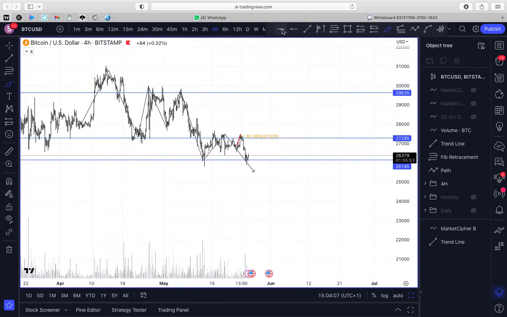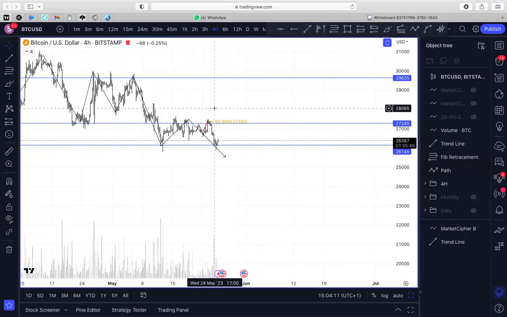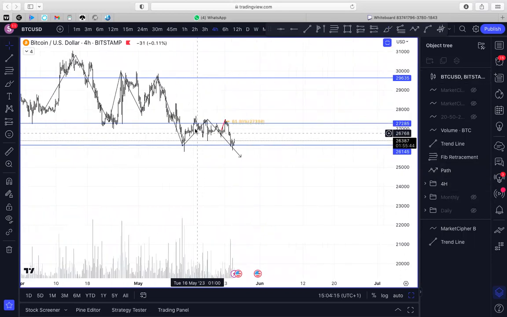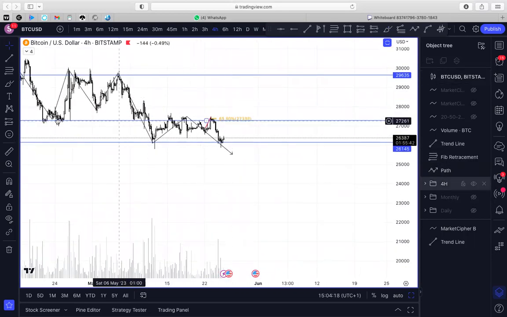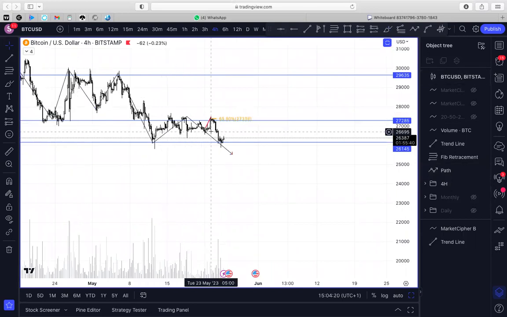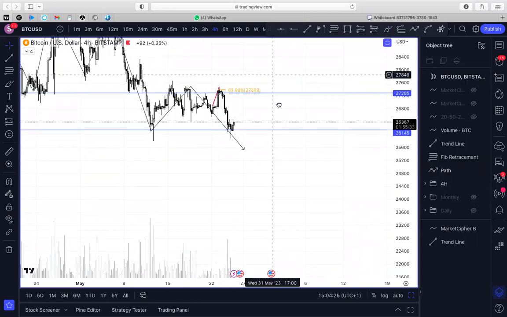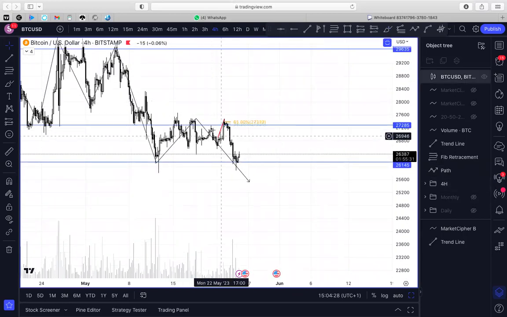Once I've established that, what I'm going to do next is mark out my area and my point of interest. For the trade I'm going to show you, it was a trade that took place, I believe, on Tuesday, the 23rd of May. It's a trade I entered. I actually missed the initial signal, but I re-entered it later.